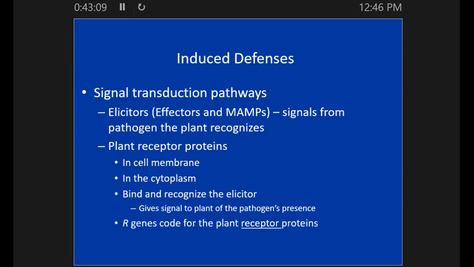So when they looked at what's going on at the DNA level when all of this is happening, they found that when they sequence the DNA of plants, they have found all these genes that code for these receptor proteins. So all of these PRRs and the R proteins, all the proteins involved in binding with something coming off the pathogen, it's huge. When you look at all the different types of genes in the plant, it's a huge amount of genes dedicated to making these PRR proteins, the R proteins.